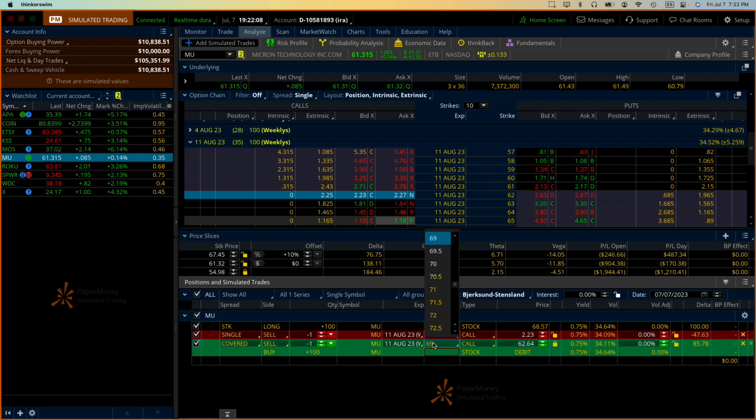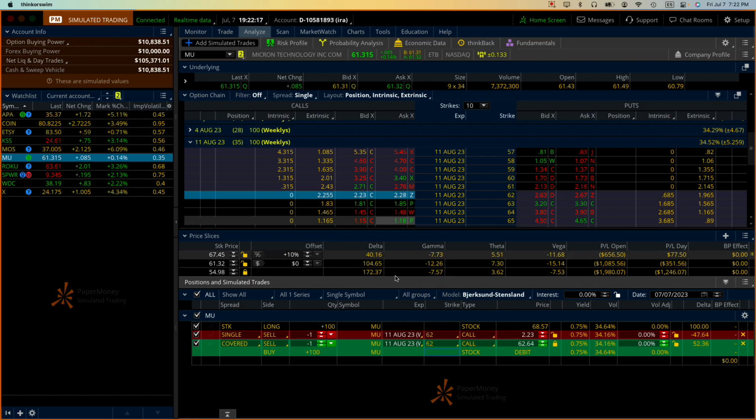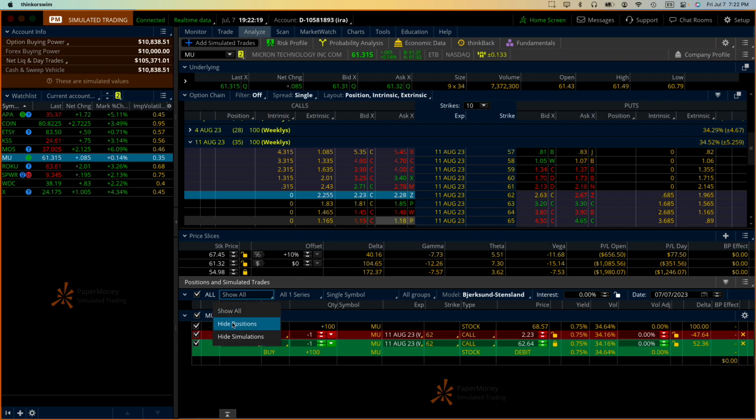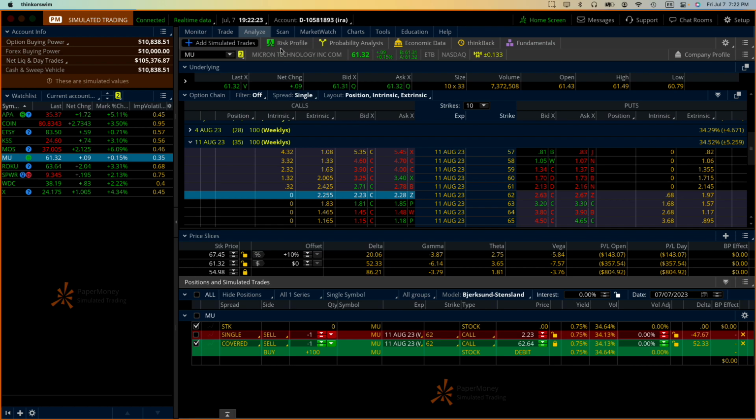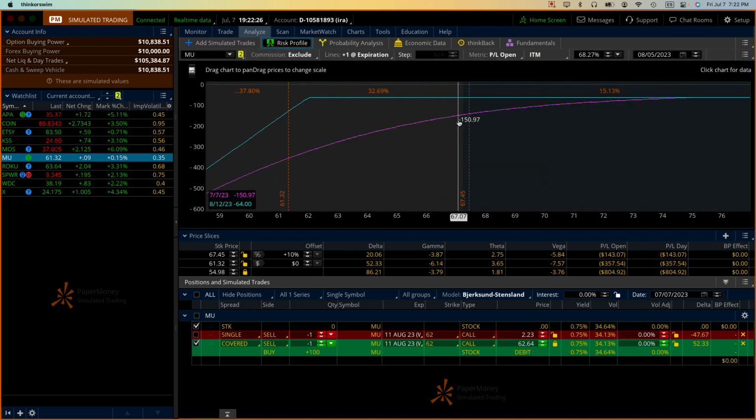And my strike price for my option is 62. Then we hide everything, hide the position, hide this short, and this is what my new trade would look like. Oh, now I'm below. See that?